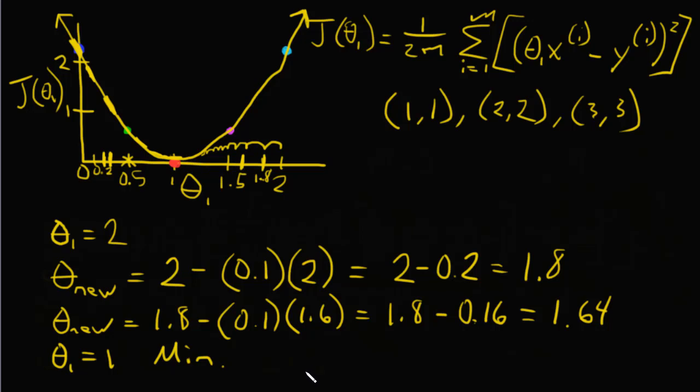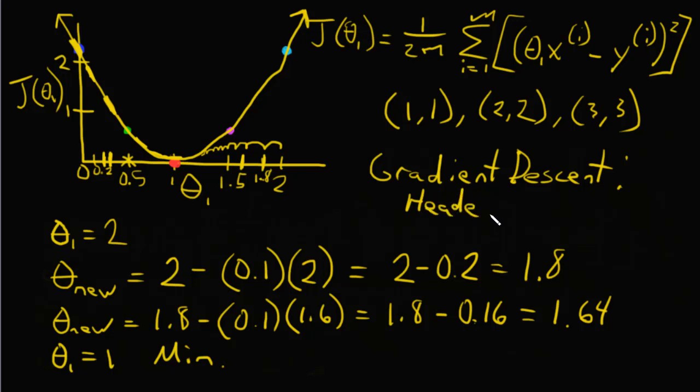It intelligently adjusts towards the minimum. That is one of the key points of machine learning and why it works, is that when it makes a guess and then it runs the algorithm to update that guess, my gradient descent algorithm is always headed towards the min.